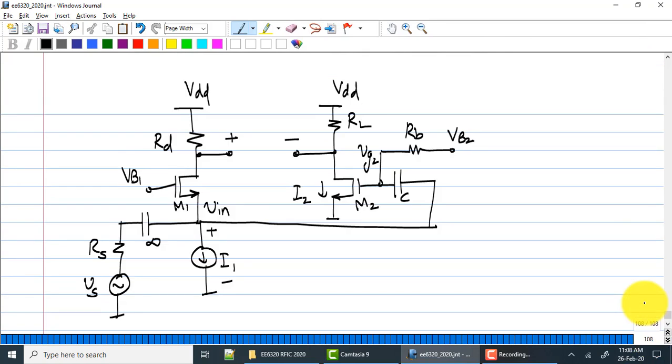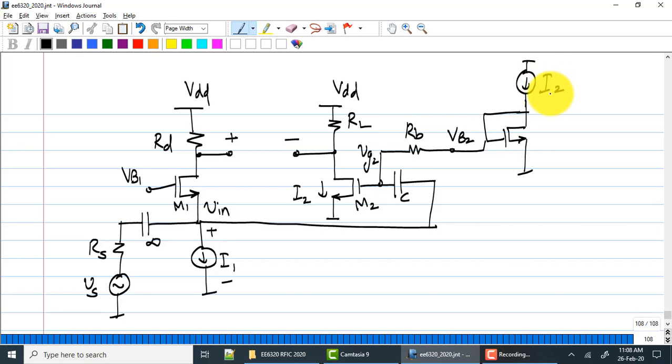If you start adding current sources, you actually have 7 sources of noise. I have not shown this. This is what you're going to have, right? Effectively, now you have another source of noise because M3 also produces noise and so on.